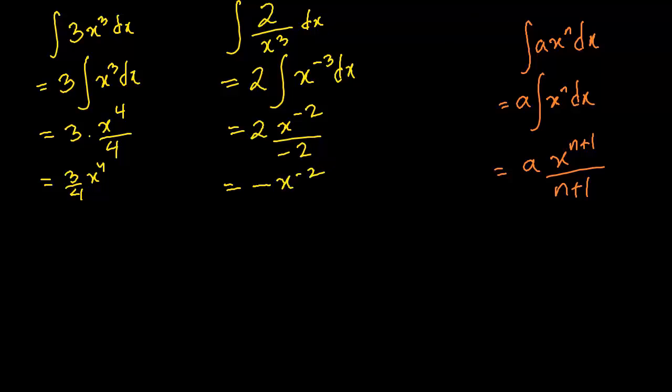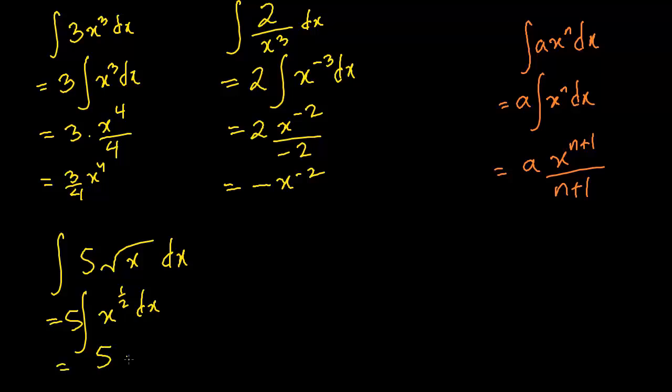What about exponents that are fractions? So if you have integration of 5 square root of x dx, in that case you have to do integral of 5 multiplied by x to the power half dx, and this turns out to be 5 x to the power half plus 1, which is 3 by 2, divided by 3 by 2.